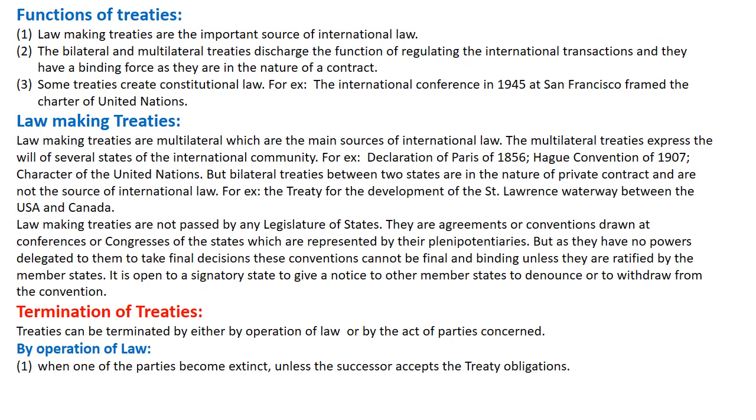But as the representatives have no powers delegated to them to take final decisions, these conventions cannot be final and binding unless they are ratified by the member states. It is open to a signatory state to give notice to the other member states to denounce or withdraw from the convention.